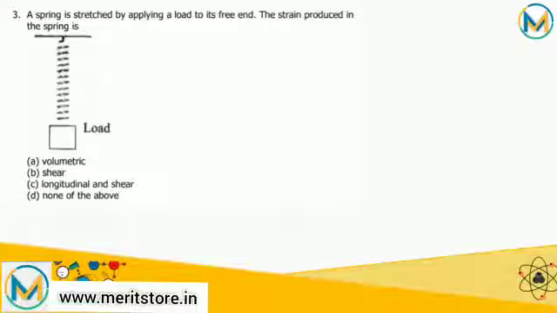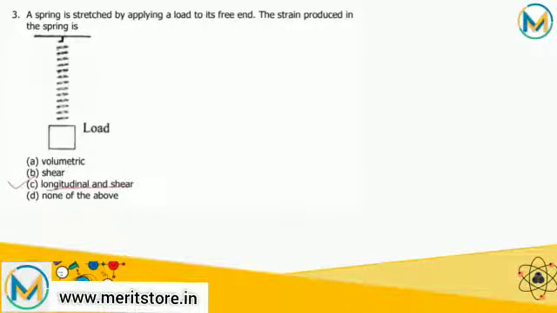Clearly the length and shape of the spring change, and the weight of the load behaves as a deforming force. The change in length corresponds to the longitudinal strain, and the change in shape corresponds to the shearing strain. So the correct answer for this question is option C, that is longitudinal and shear strain.